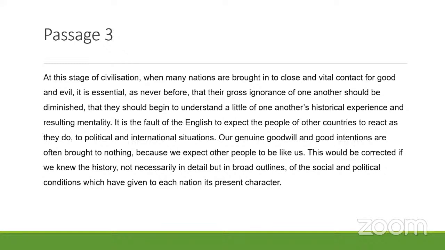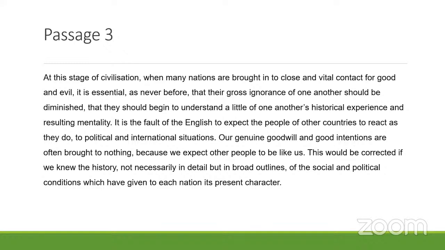So this is just a brief of what exactly the passage is talking about. When you're reading through the whole passage, you can see there is vital information which helps you understand or answer the questions that follow. This also explains that it is the fault of the English to expect the people of other countries to react as they do.